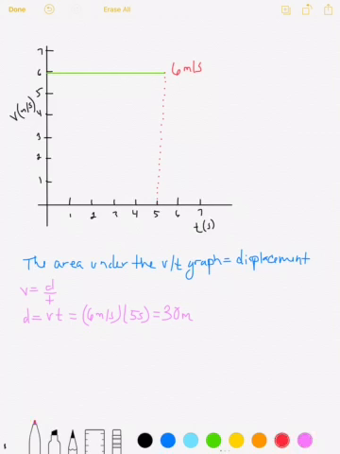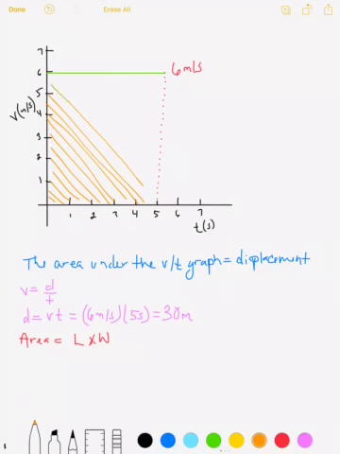This is equivalent to finding the area underneath the curve, because area is equal to length times width. So if this was our shape right here, it's a box, conveniently for this video. It's not always a straight line.